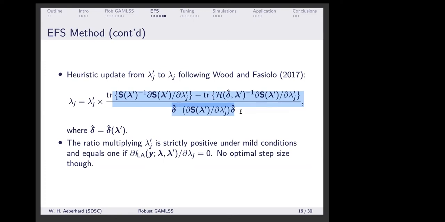And this is what this EFS method does. It allows basically for an automated selection of the smoothing parameter by taking this empirical Bayes viewpoint. And as you'll see in a minute in the simulations, it actually performs fairly well and at a fraction of the computational cost of a grid search, really.